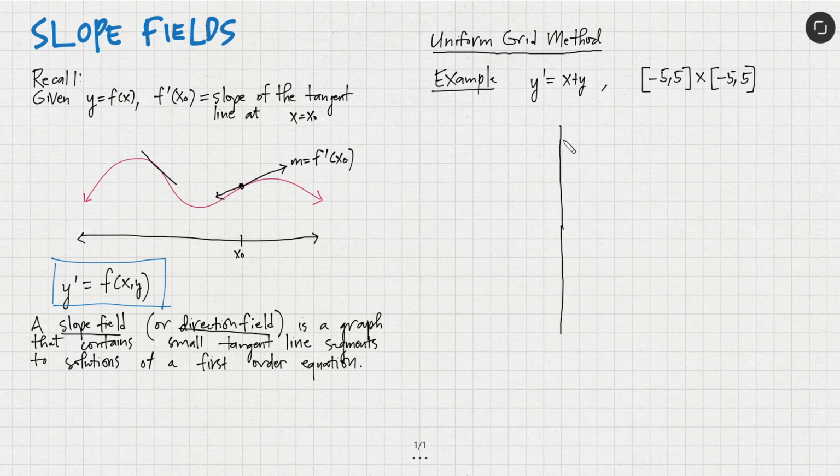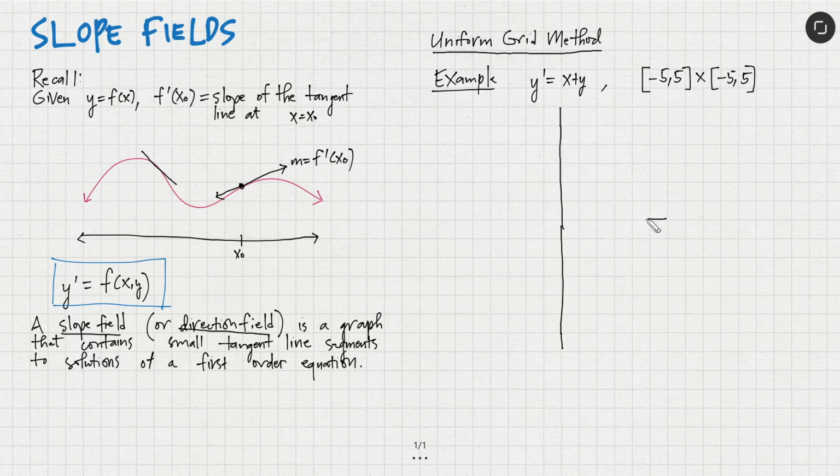So, I need 11 points, so including the origin. So, 1, 2, 3, 4, 5, 6, 7, 8, 9, 10, 11, and then pasobrahan siguro natin ng isa, and then 1, 2, 3, 4, 5, 6, 7, 8, 9, 10. 1, 2, 3, 4, 5.